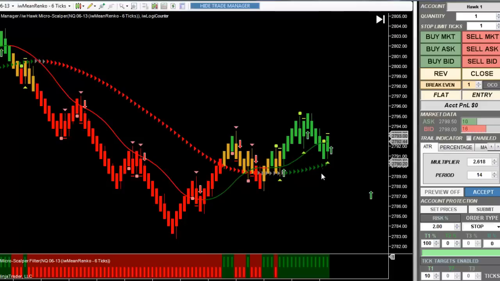But the other tip-off that I know it's not as high a probability signal is that we have not tested the extreme. This is a beauty of these mean Renko bars from Indicator Warehouse. I know that price has to test the extreme down here before there's any chance of a proper reversal.